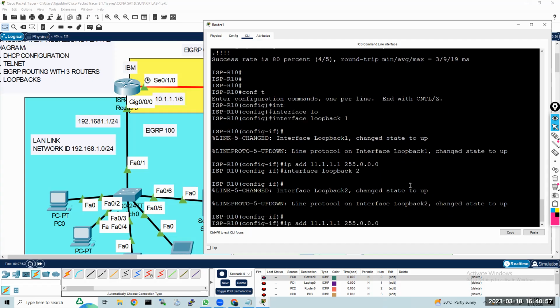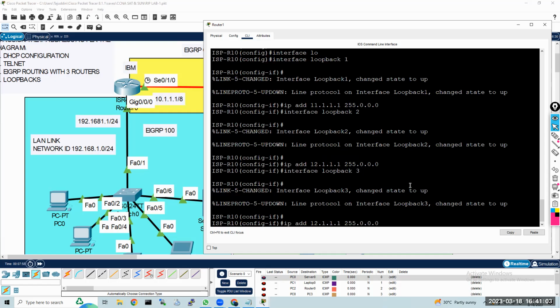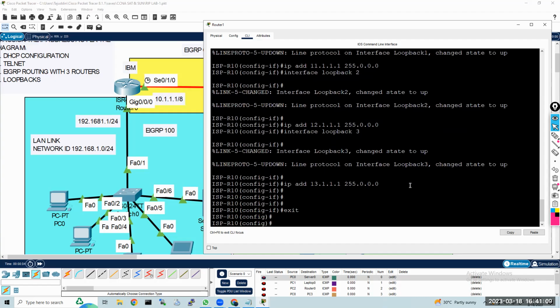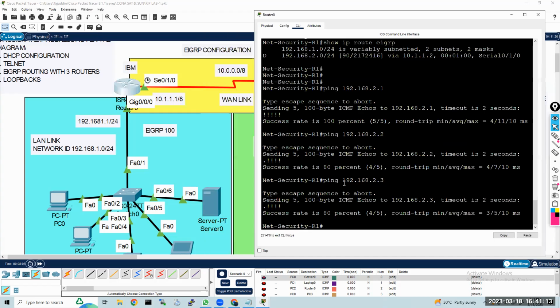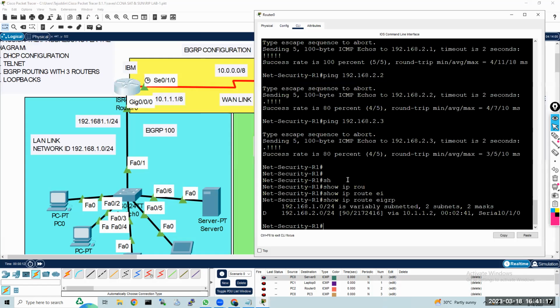I will create only three loopbacks. I want to advertise these to my second network too. If you check here, show ip route eigrp, it will not show you the 11, 12, 13 networks.